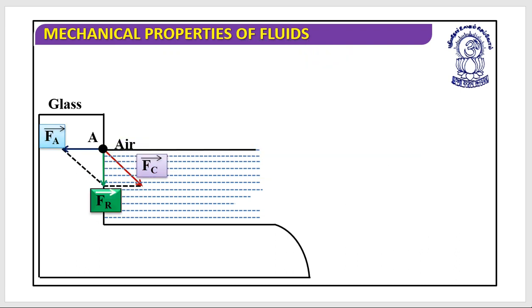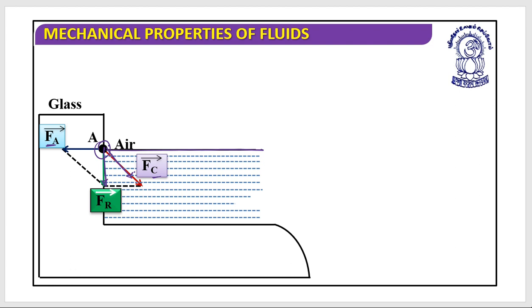Now let's look at the third one. Let's suppose this is particle A, this is the adhesive force, this is the cohesive force, and this is the resulting force, exactly like this. Then you will see a flat surface.